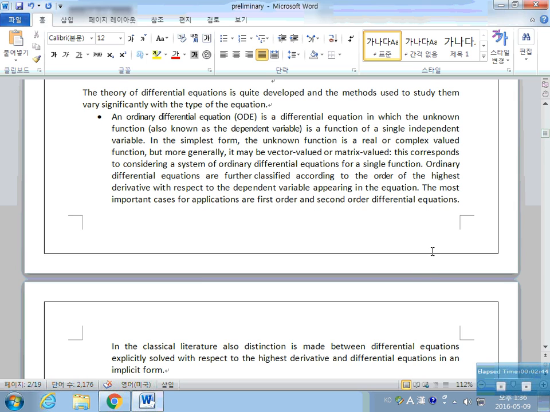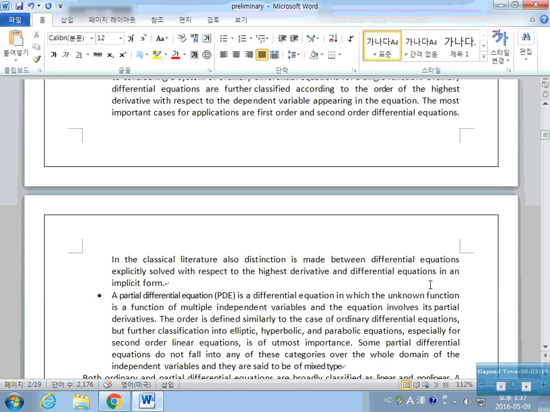Suppose there is only one variable y, so it contains only one unknown function variable, and it may be of degree 1, or 2, or any degree. It depends on the number of derivatives. If we take one derivative, it will be of degree 1. If we take the double derivative, it is of degree 2, and so on.